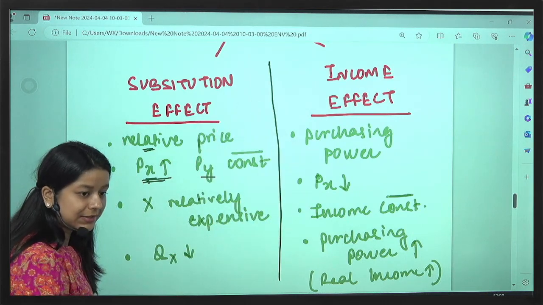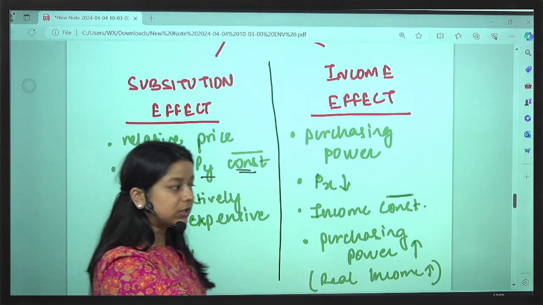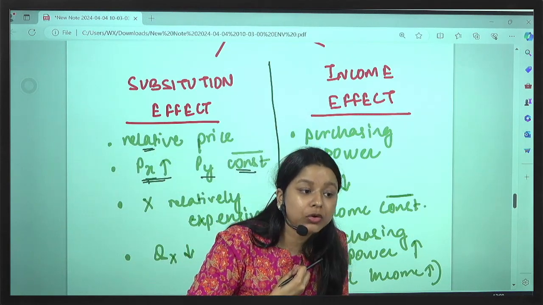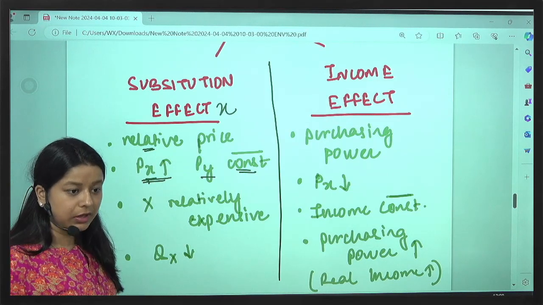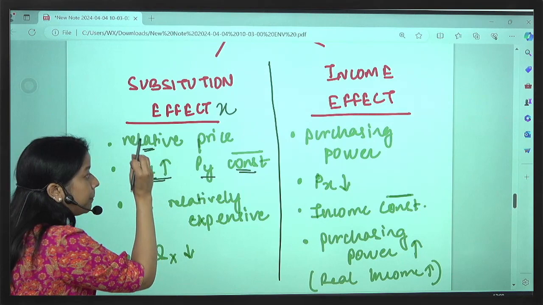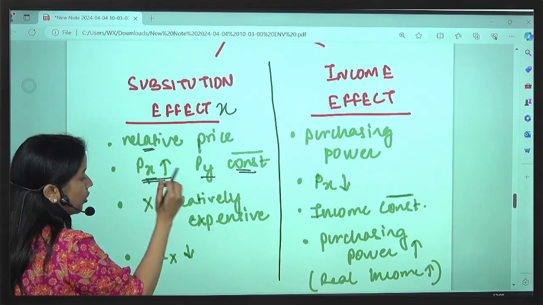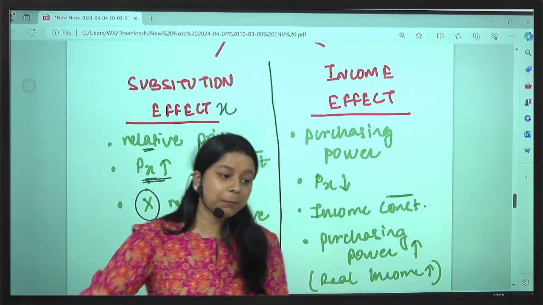Everything else is same. Price of Y is constant, other goods constant, only the price of my good, which is good X, increases. If price of good X increases, good X becomes relatively expensive compared to other commodities.